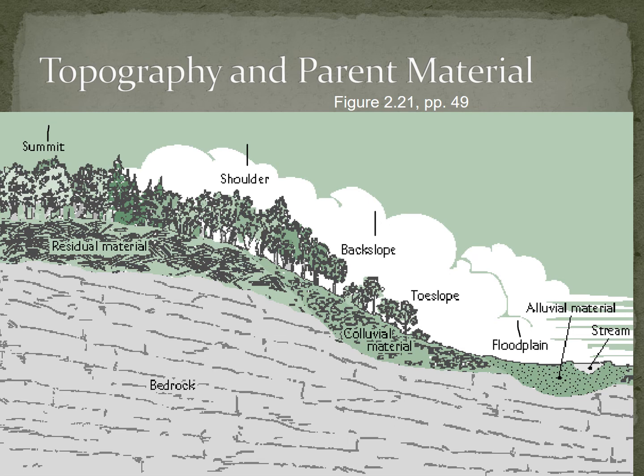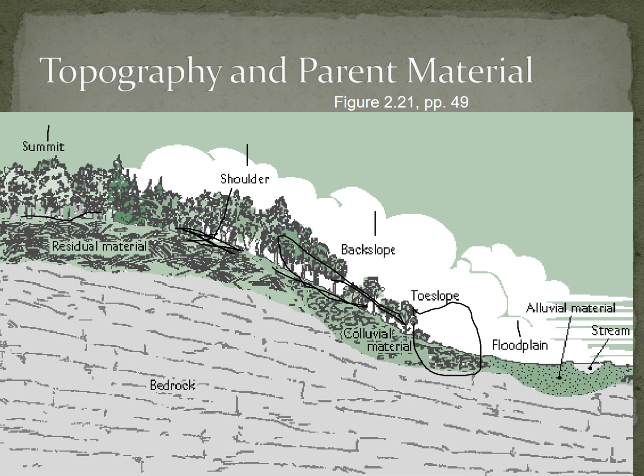So here at the surface, at the very top of the hill where it's flat, see it's flat up here, we have our summit. Right where the slope starts to break, just like your shoulder, we call that the shoulder. Where we have the steepest, longest portion of the slope, this is all the back slope.